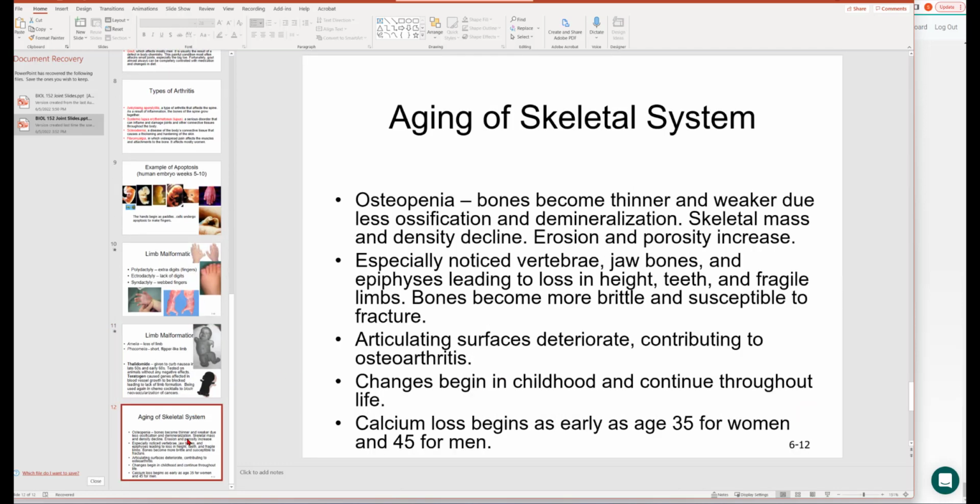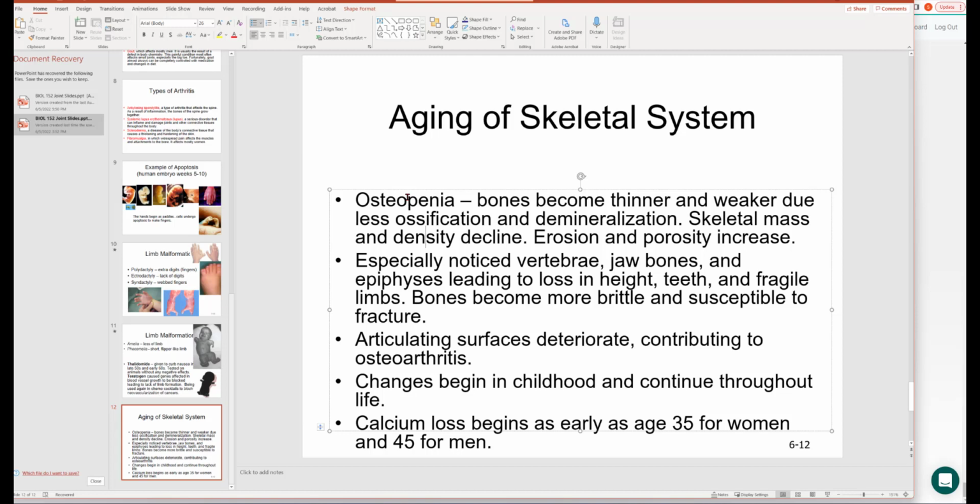And then I'll finally leave this here. We'll typically talk about what happens with aging, and that is as we get older, osteopenia will occur. Osteopenia, simply penia is a root that means deficiency in. So our bones become thinner, they become weaker. Osteoporosis is a type of osteopenia.